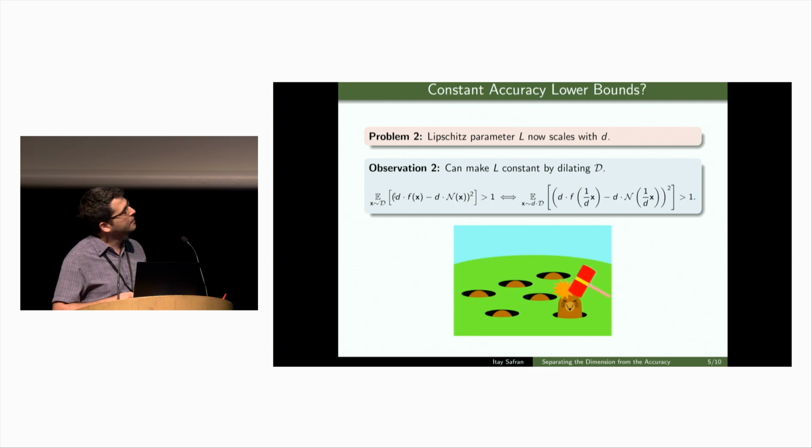This is valid because our family of functions, depth 2 neural networks, is closed under such a scaling, because we can scale the weights of the hidden layer. So we can get a lower bound with constant accuracy and a constant Lipschitz parameter, and everything seems fine.